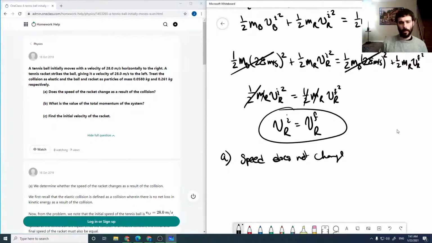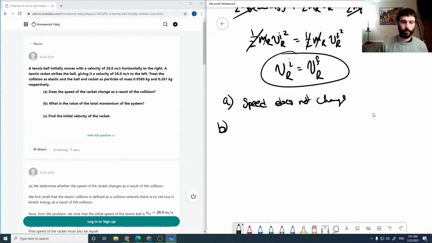Alright, so for B, it asks what the total momentum of the system is. So P total, we can either do it initially or finally, so we could use mass of our ball, velocity of our ball initially, plus mass of our racket, velocity of our racket initially. And this is actually a vector quantity, so let's throw those in there.